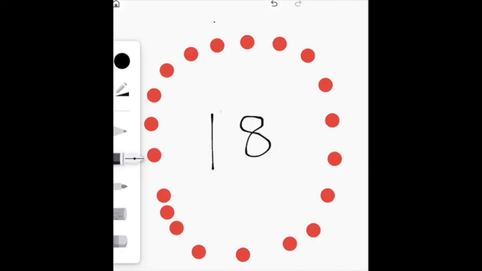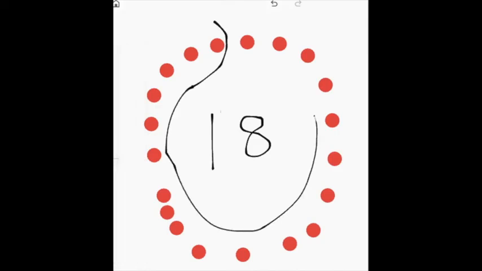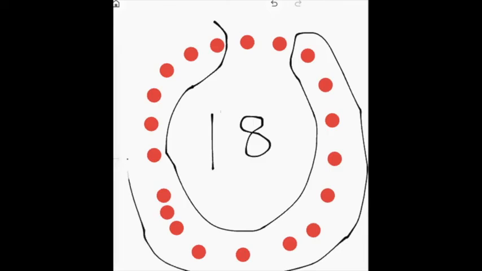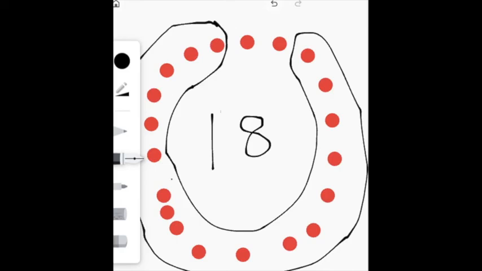So I know I can circle everything except for 2, and then I should have 18, and that way I don't have to go around and count every dot. Do you guys agree with me? Well, let's count them just to make sure that my brain told me to do the right thing. 1, 2, 3, 4, 5, 6, 7, 8, 9, 10, 11, 12, 13, 14, 15, 16, 17, 18. It worked! Yay!